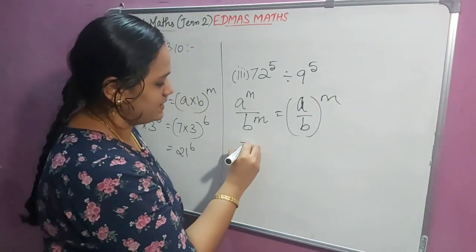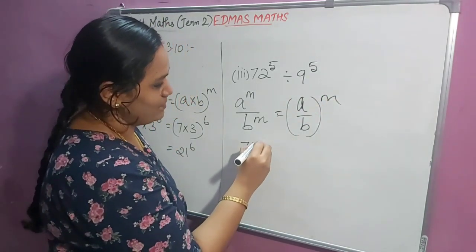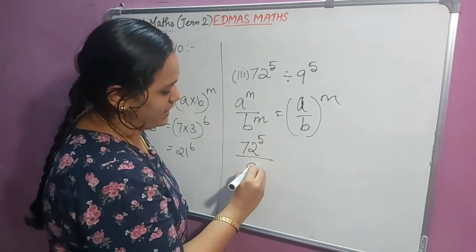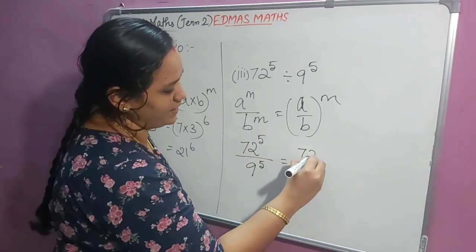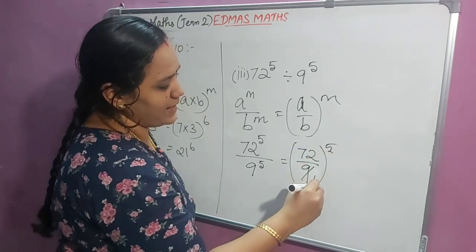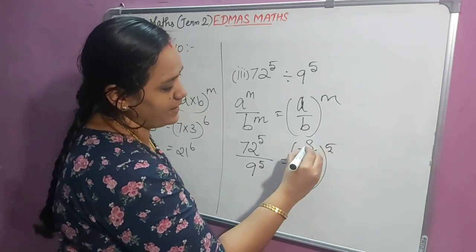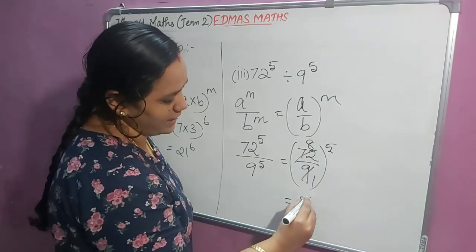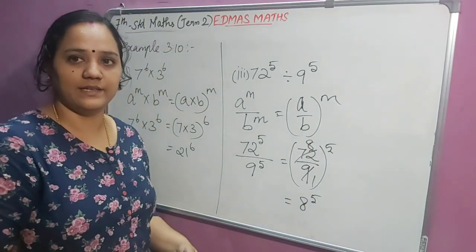Likewise 72 power 5 divided by 9 power 5 is equal to 72 by 9 the whole power 5. We can cancel this. 1 9s are 9, 8 9s are 72. So 8 power 5 is your answer.